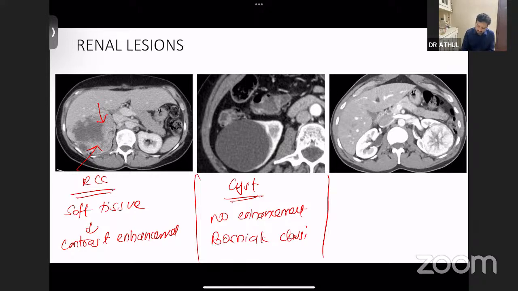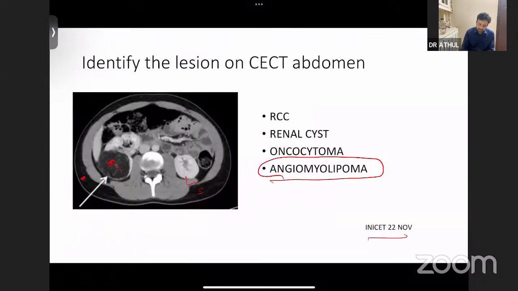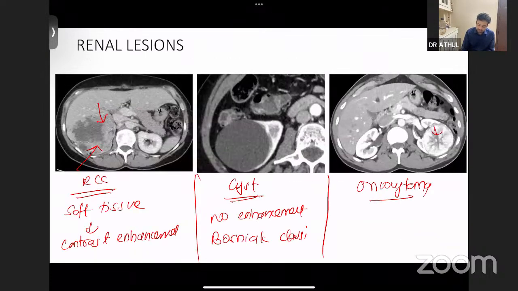Another important thing is oncocytoma. So I'm discussing all the other 3 options. Oncocytoma will have this classical central stellate scar, a star-shaped scar. This is a feature of renal oncocytoma.